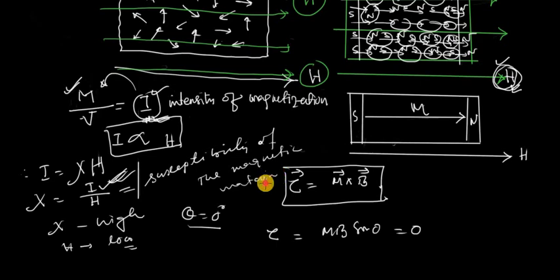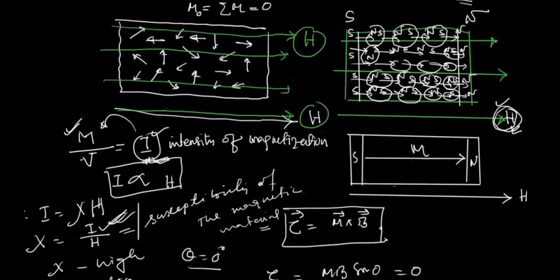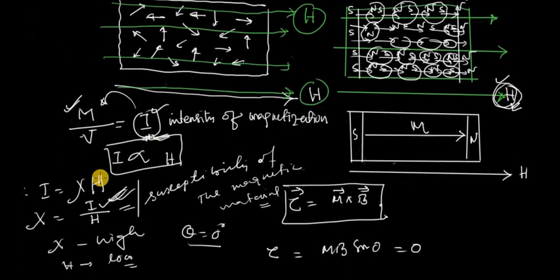And we always prefer a high value of chi to convert a magnetic material into a magnet, because for that material, since chi is high, we need a very low H to have a very high value of I, that means the material is easily magnetized. A high value of I means a high value of M, and a high value of M means high induction. So these things you have to understand about susceptibility.